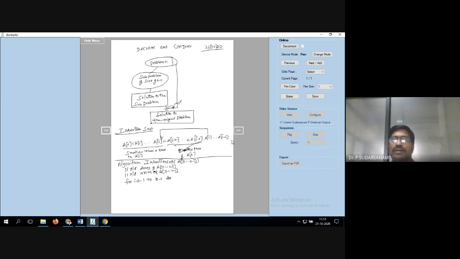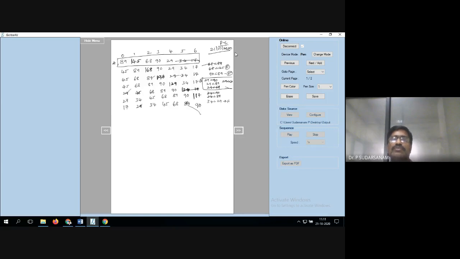Now, Amrish, for example, let me take 29. This is one element. So what you have done, you are comparing 29 is less than 90, so you have moved 90 here. Now what you have to do is take one variable and assign the element to that array location.